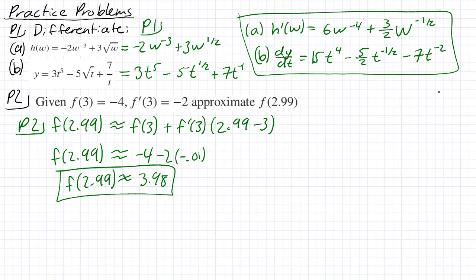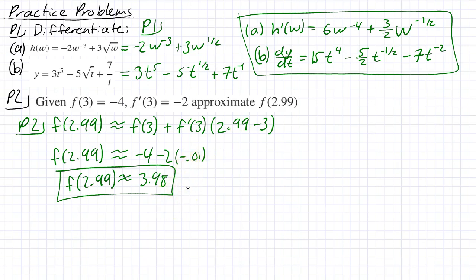for problem 2, I'm just using this approximately linear formula, which is basically the same as point slope form. So your starting y coordinate plus the slope of the tangent line times the change in x, which with these numbers, f of 3 is -4, plus the slope is -2 times -0.01, because to go from 3 to 2.99 is -0.01 as a change in x.